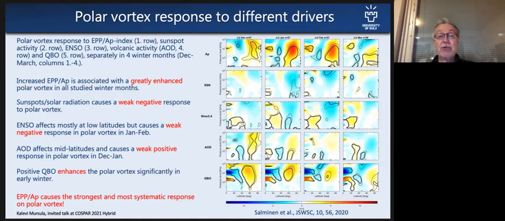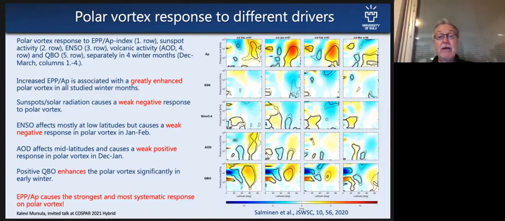Responses to each driver, these are the energetic particles, here represented by the geomagnetic activity AP index, the sunspots, the ENSO, volcanic aerosols, which is represented by the aerosol optical depth, AOD, and the quasi-biennial oscillation, QBO. They are shown in rows for each month, which are depicted as columns.